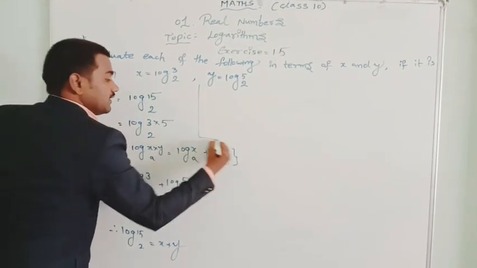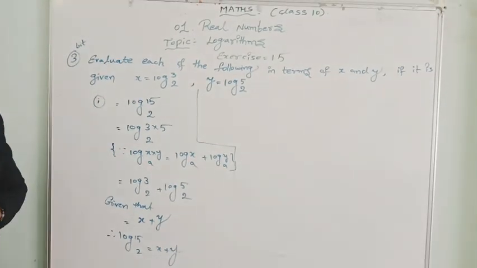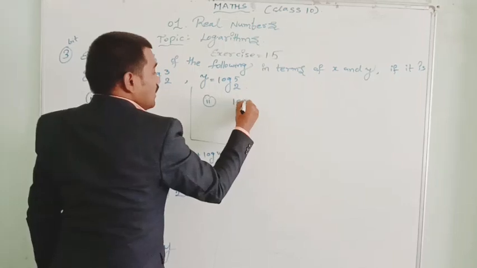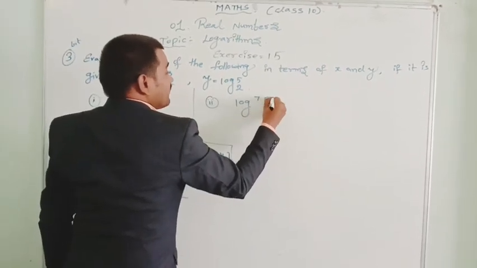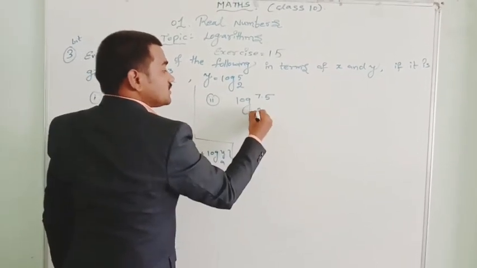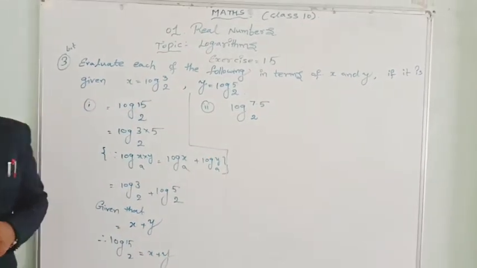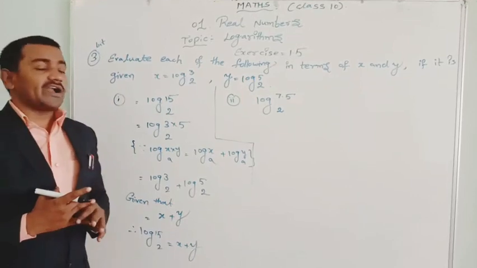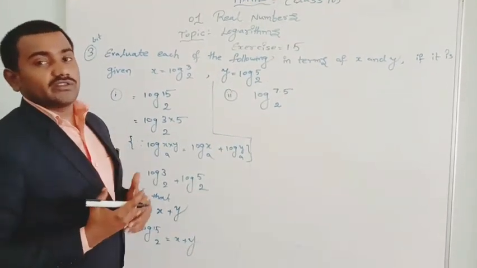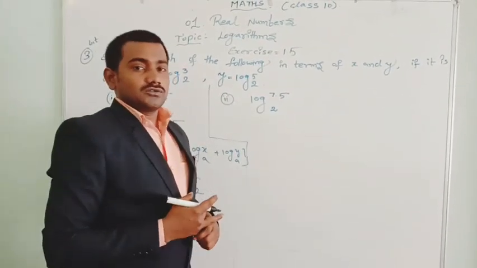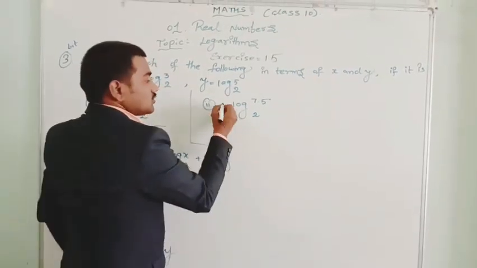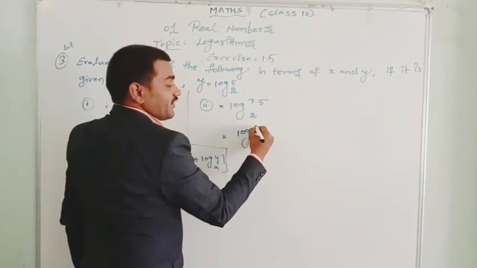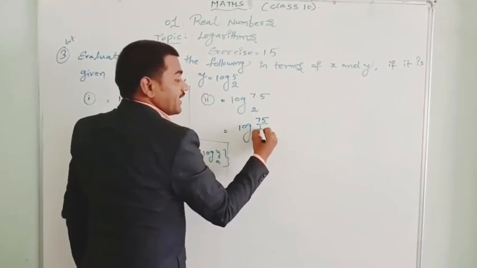Let's see the next question of this bit, that is the second one. Log 7.5 base 2. How can we write log 7.5 base 2? Can you think over it? You're not getting it? Okay, leave it. I will tell you an easy method. We can write log 7.5 as 75 by 10.